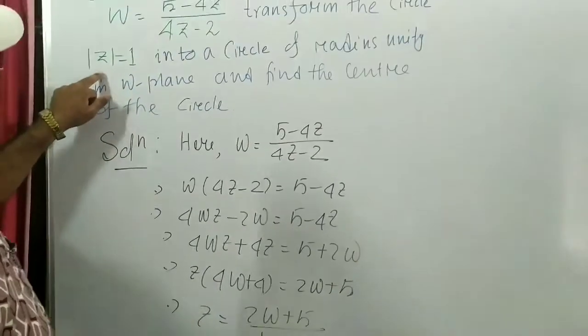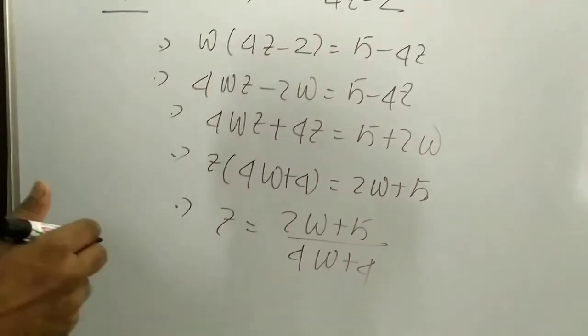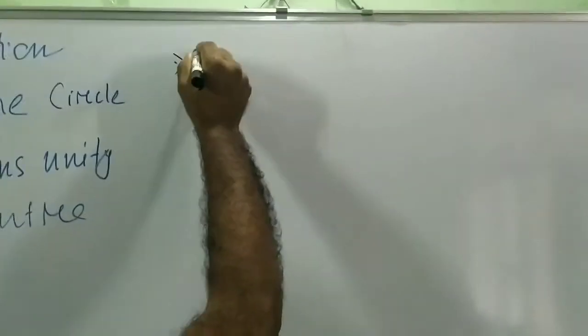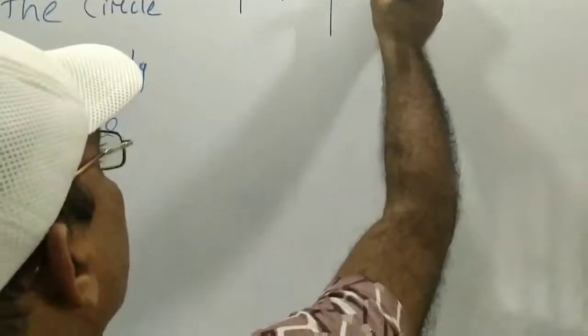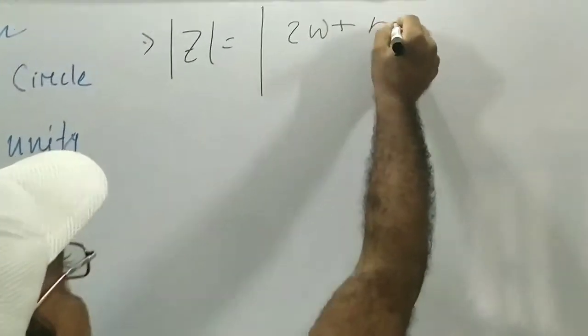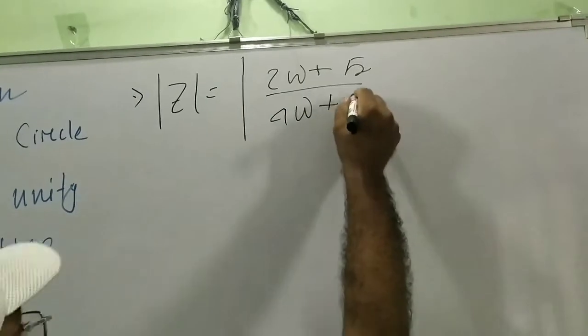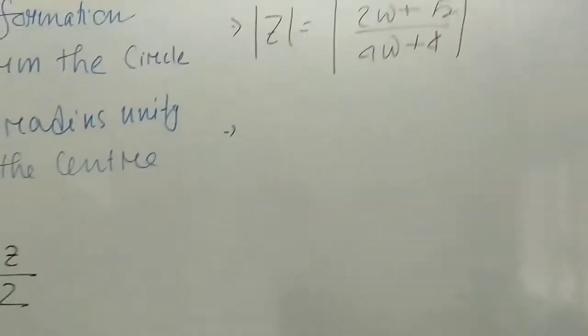But in our problem the modulus of z is given, so we take the modulus on both sides. Mod z equal to mod of (2w plus 5) by (4w plus 4), and mod z is given as 1.